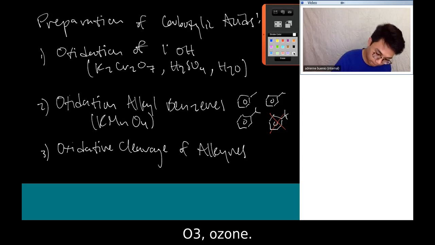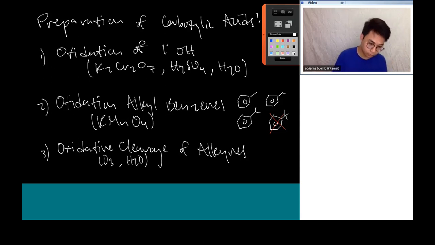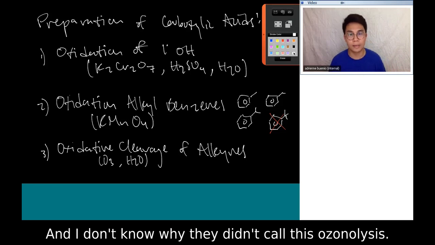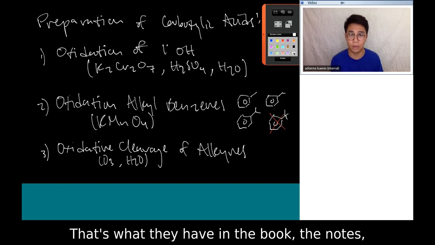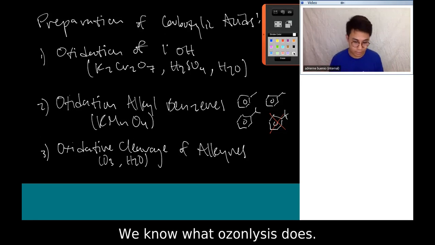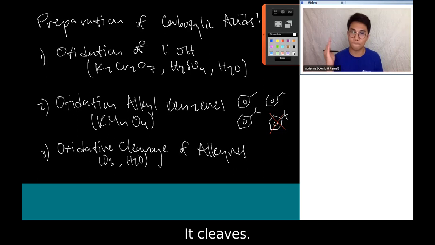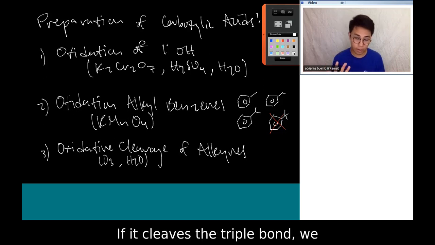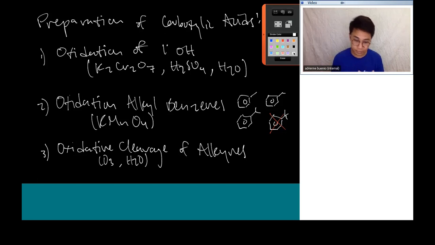Ozone. O3, H2O. I don't know why they didn't call this ozonolysis. This is what they have in the book and the notes, but pretty much it's just ozonolysis. So we know what ozonolysis does. It cleaves, right? If it cleaves the triple bond, we know it'll make carboxylic acids.